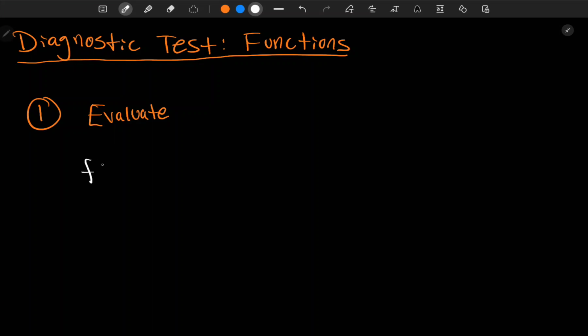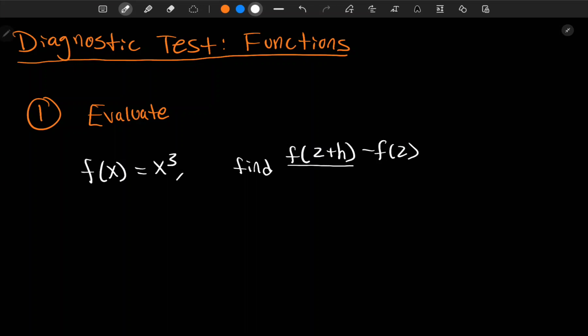Given the function f of x is equal to x cubed, find f of 2 plus h minus f of 2 divided by h.